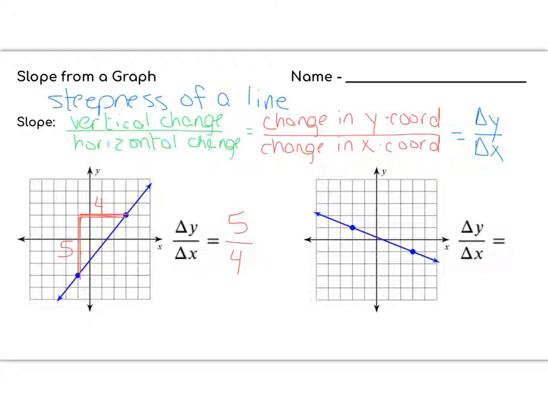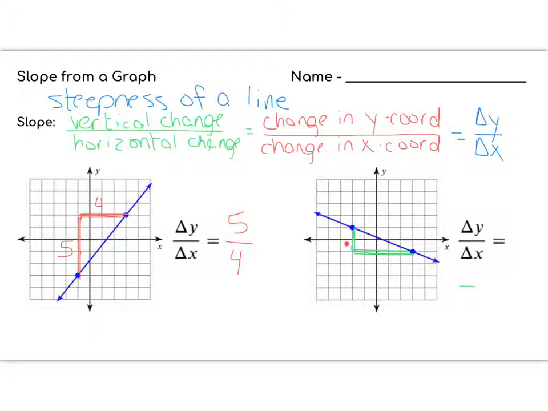We've got, this time, what kind of slope do we have? We're going down from left to right. So this line has negative slope, right? We're going to connect using grid lines the 2 points that they've given us. We're going to count our vertical change.